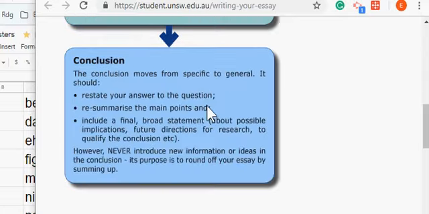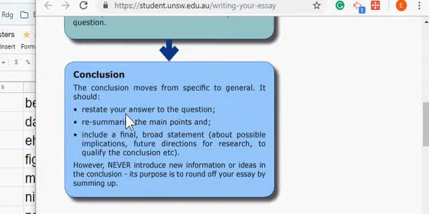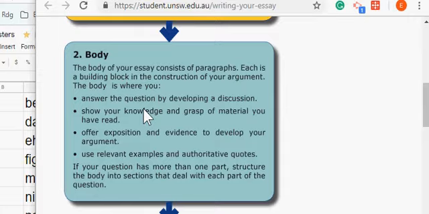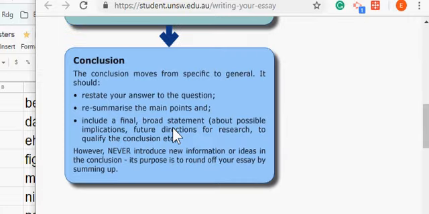And then the body and the conclusion we'll discuss later, but usually it has to repeat or restate the main idea, maybe a little bit of summarizing, but not too much heavy repeating. If you start to use a lot of the same language, exactly the same, that's not very helpful or effective.